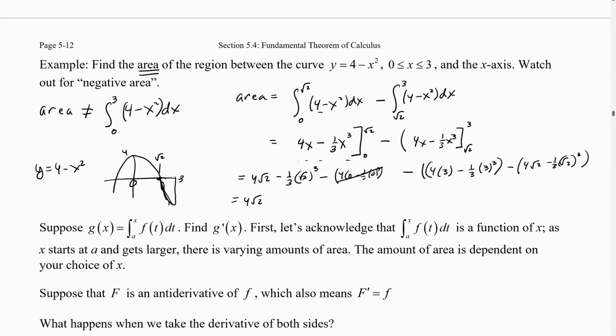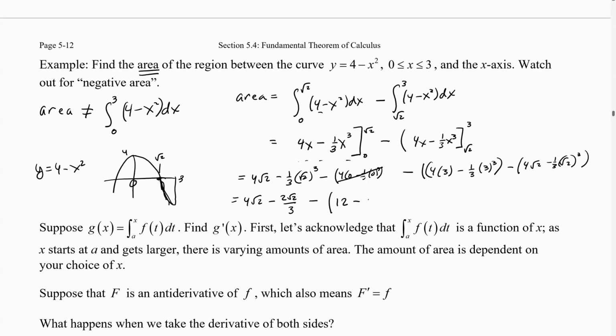All right, what do we have here? 4 root 2, okay. Root 2 cubed is 2 root 2. So what I have here is minus root 2 over 3 minus, and now I'm over here, 12. We got 3 to the third divided by 3.